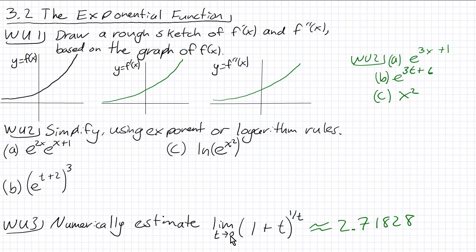Okay, so here are the answers. So for the first one, if I'm going to draw the derivative of this, looking at how the slope is changing here, it starts off with a slope that's pretty close to flat, meaning the slope is pretty close to 0. And then the slope increases, so you have a more positive but still small slope over here, and then a bigger positive slope and a bigger positive slope.